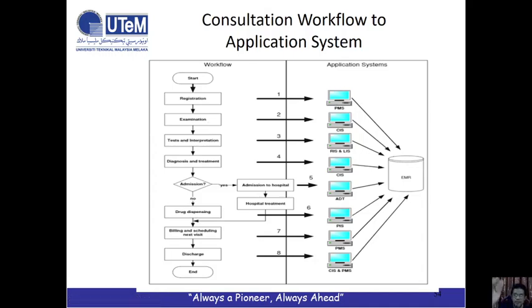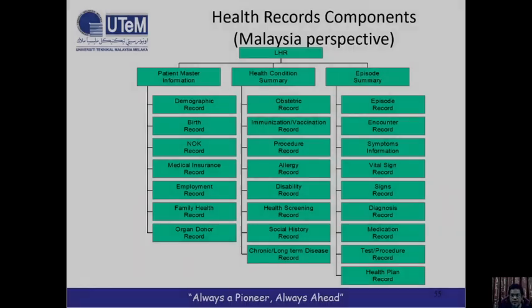So from the application, this is a candidate application that we can use as a module. Then from that we will start to construct the data model for the healthcare information system.